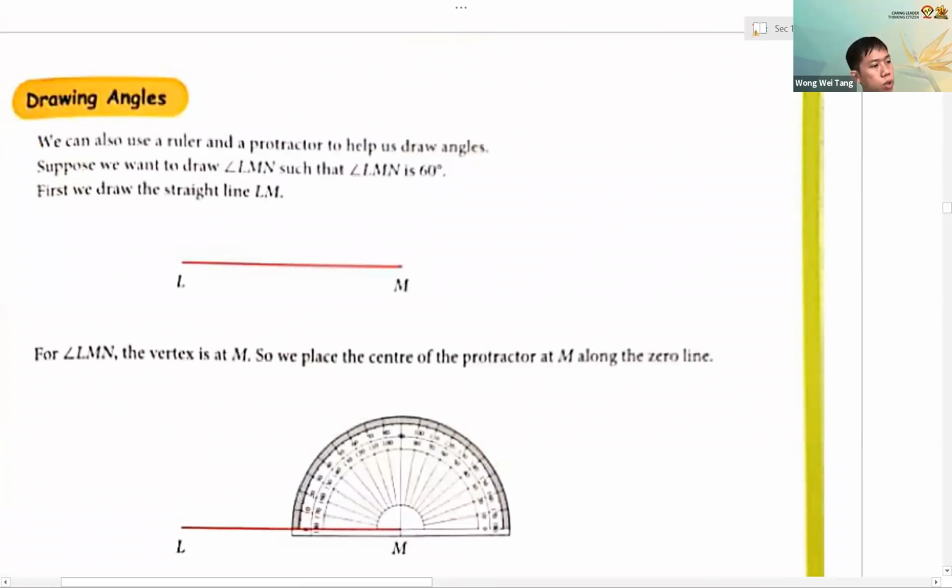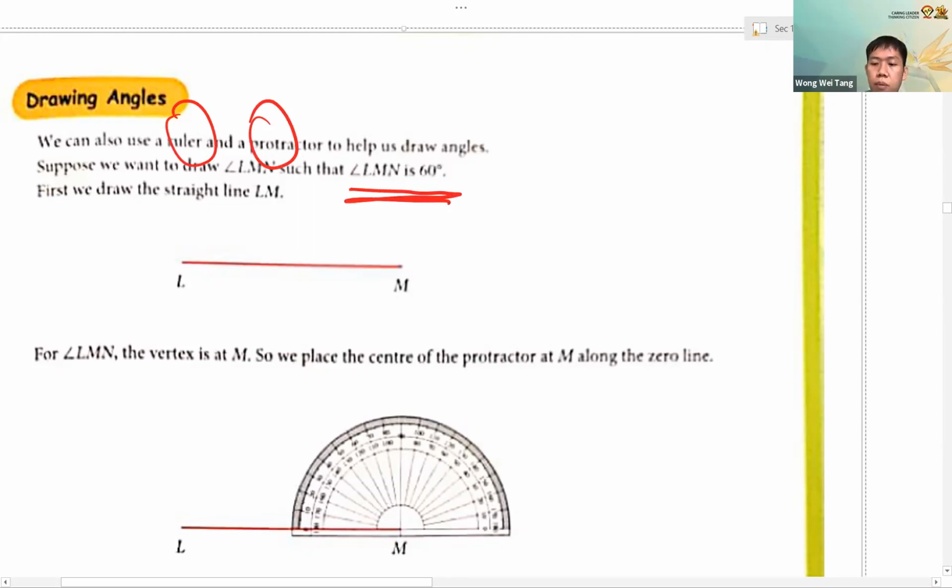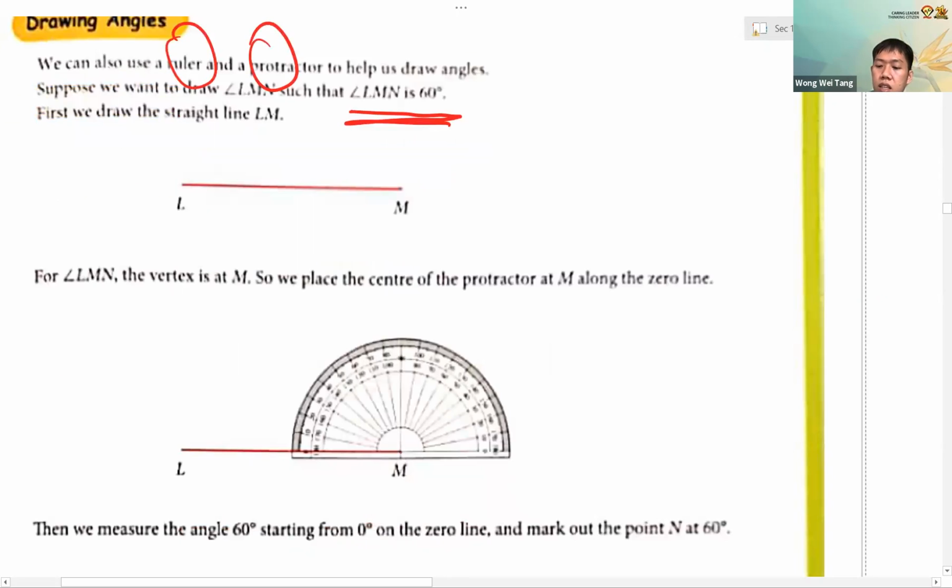Okay, so this is required for page 2 of your workbook, drawing of angles. Use a ruler and a protractor to help you draw. So for example, if the question says draw angle LMN 60 degrees, first you draw a line LM. So L to M, then you place the protractor at point M, you find angle 60.